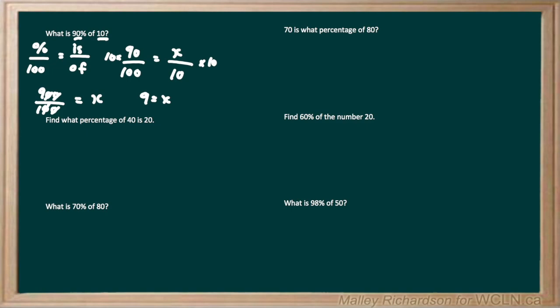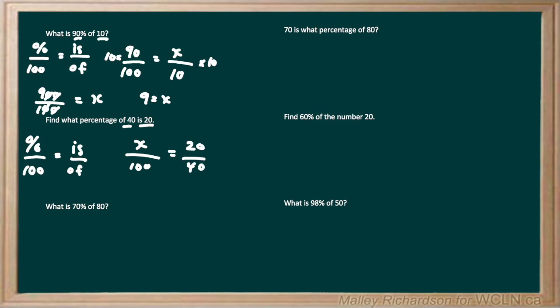Next we want to find what percentage of 40 is 20. So again, we're going to start off with our percent over 100 equals is over of. Now we have the is, we have the of, so we just need the percentage. So now we're going to fill in our formula where x is our unknown of percentage over 100 equals 20 over 40.